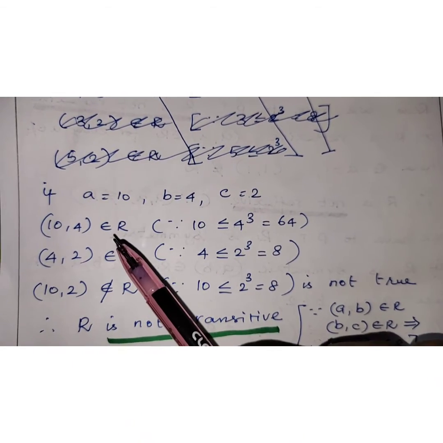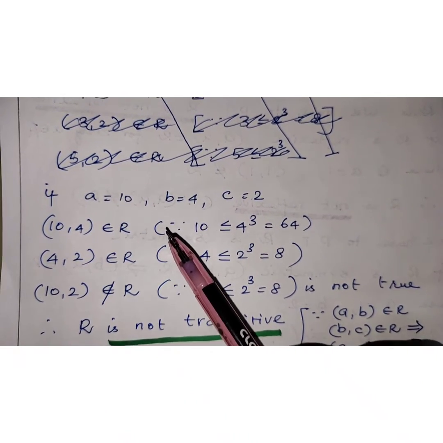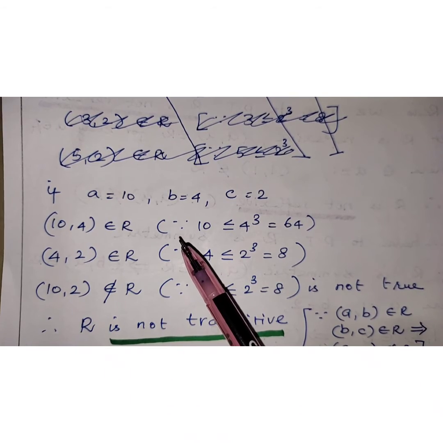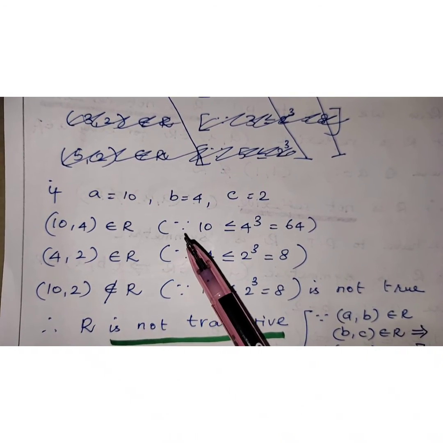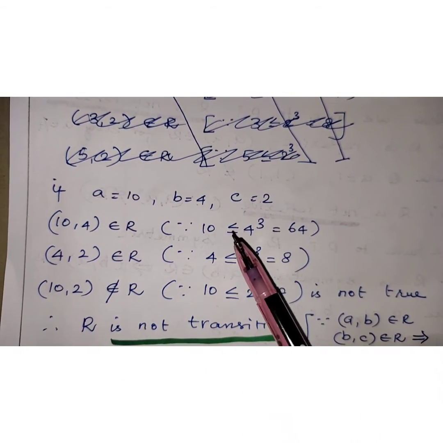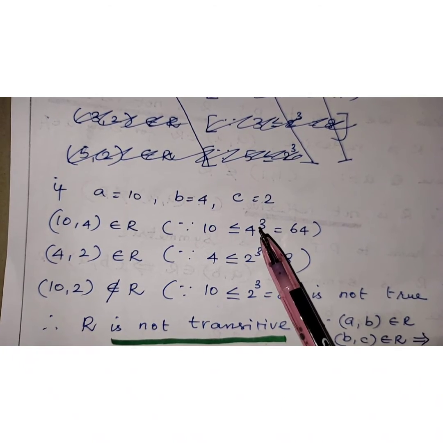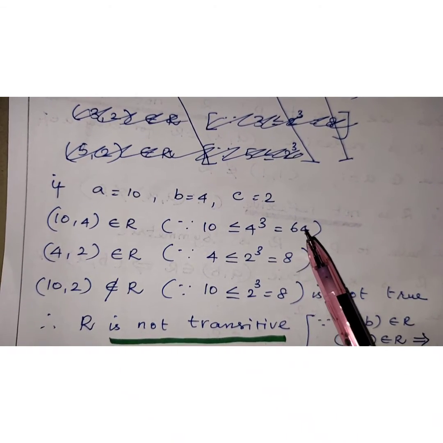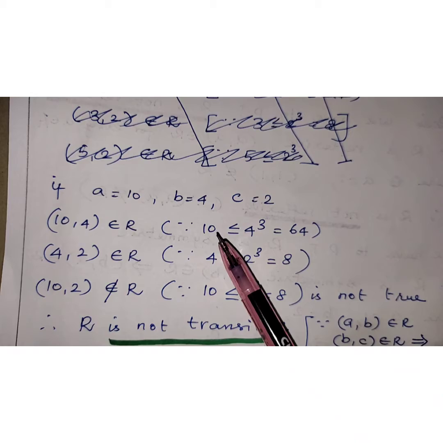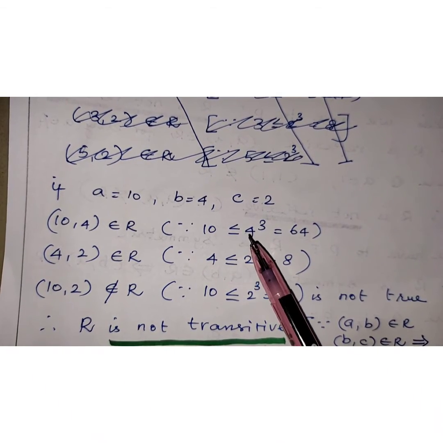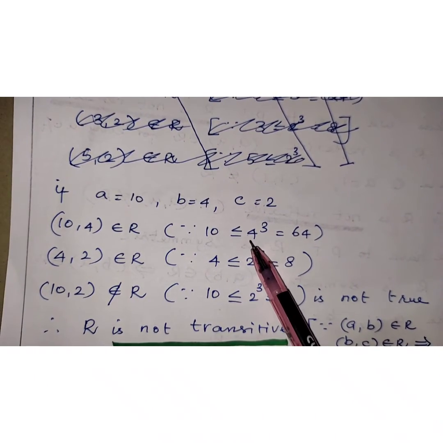(10, 4) belongs to R since, from the given relation condition, 10 is less than or equal to 4 cube, that is equal to 64. So 10 is less than or equal to 64. This statement is true.